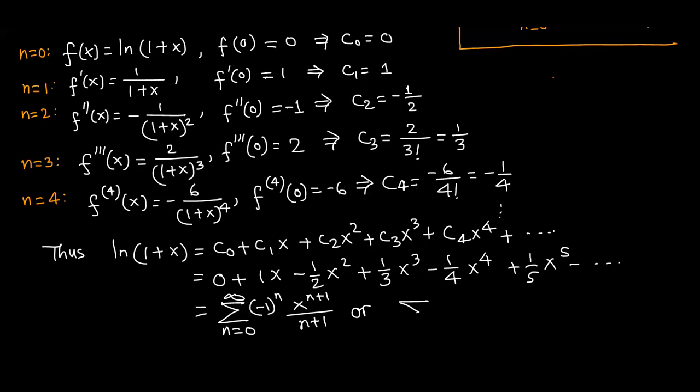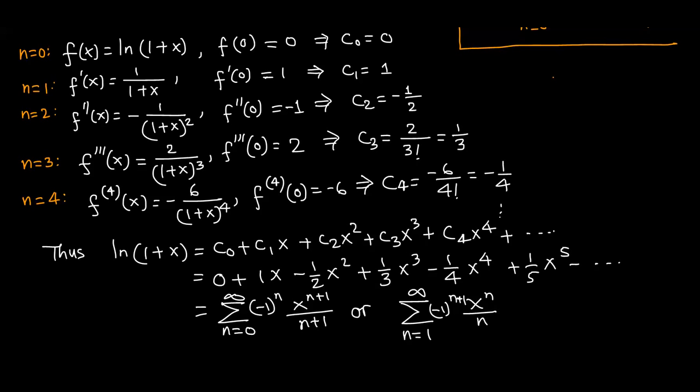Or if we start from n equals 1 through infinity, then when n equals 0 we were getting x raised to 1. Now we are starting from 1, so this will be just x raised to n over n, and we are supposed to get positive, so negative 1 to the n would produce negative, so plus 1.